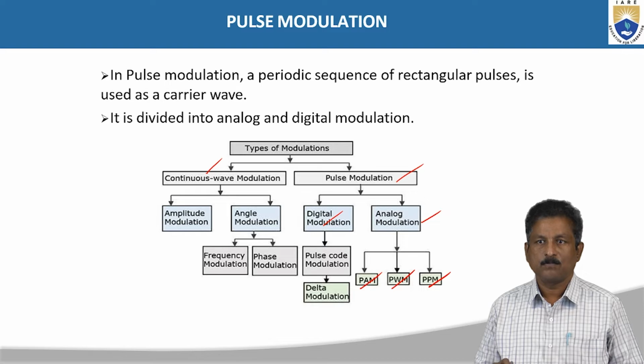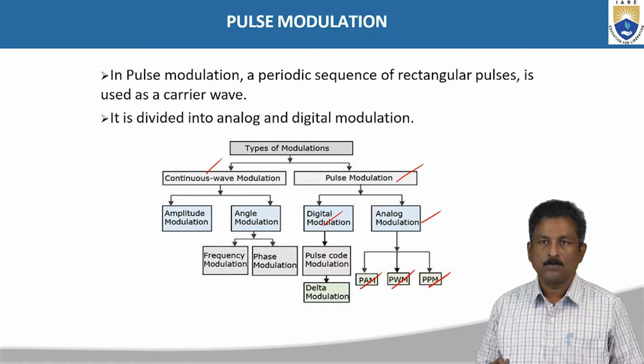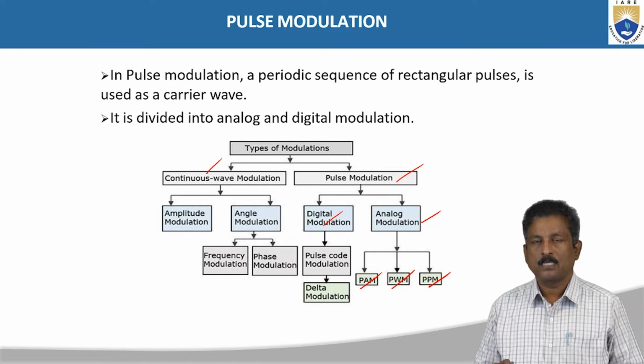Here the amplitude of the carrier signal varies according to the strength, or instantaneous value, of the modulating signal. That is pulse amplitude modulation. Similar to continuous wave modulation, the carrier signal properties we consider are amplitude, frequency, and phase.